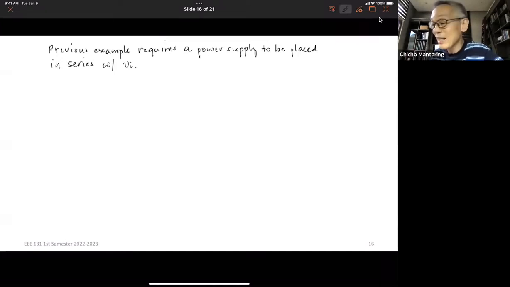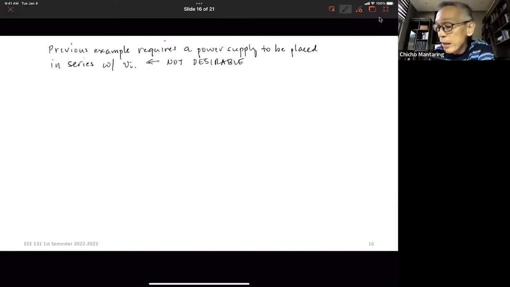That's not nice. This is not desirable. Why? Because we don't want our circuit to have too many power supplies. As much as possible, ang electronic circuit natin, we want to have the minimum number of power supplies.